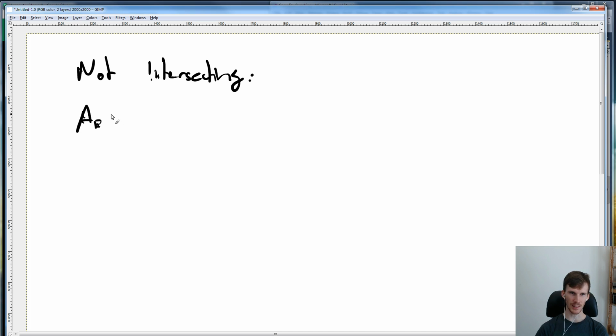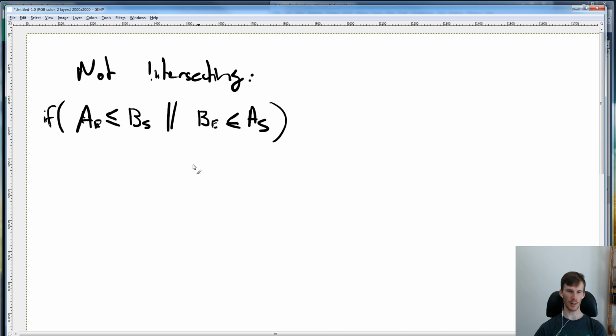A end is less than or equal to B start, or B end is less than or equal to A start. That's our test. So are you happy with that, aside from how scrappily it's written? Yeah, makes sense. Cool. Let's neaten up that diagram.